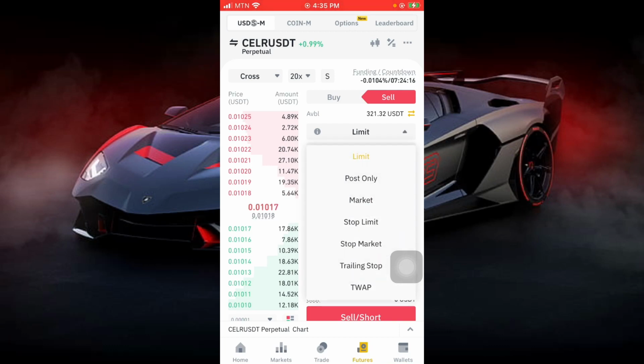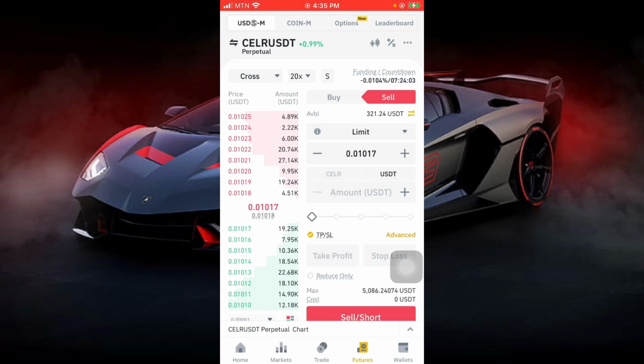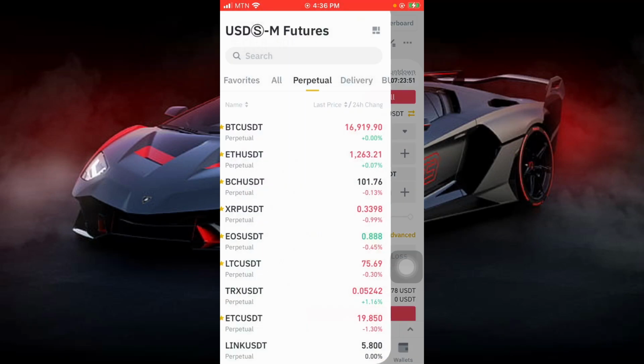I always use limit orders because sometimes when we are entering the trade, we don't just enter at the current price or market price, we enter a particular price. I'm going to explain that in a bit. So just below the balance, we have limit. Leave it at limit. Then we also have 0.00. That's the current price of this pair.